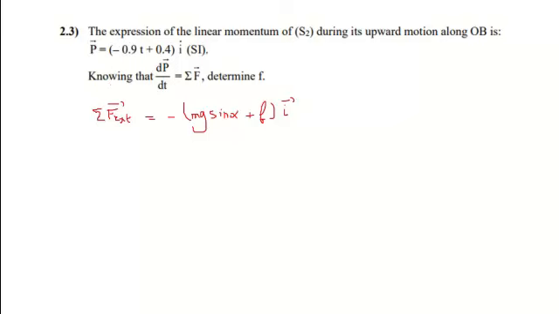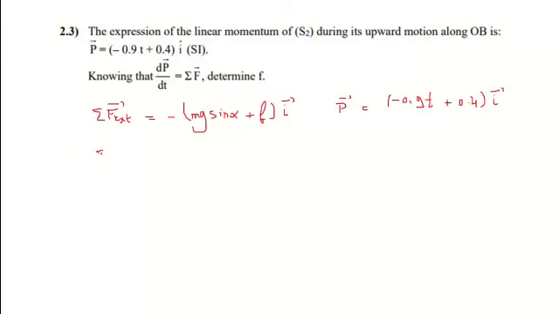And we have that the p vector is equal to minus 0.9t plus 0.4 i vector. So the question is to find the friction.